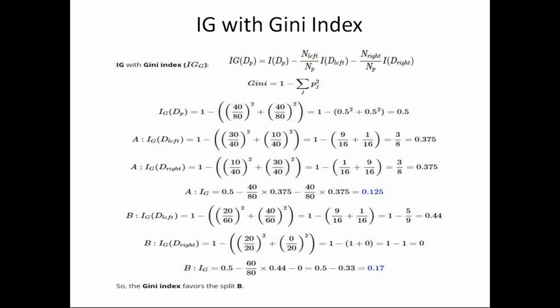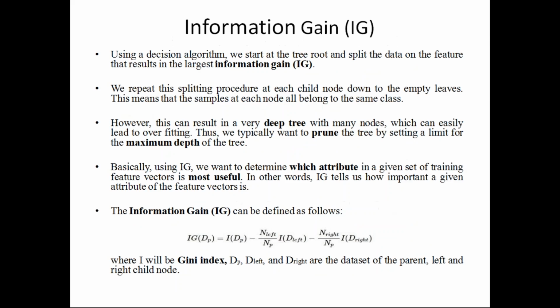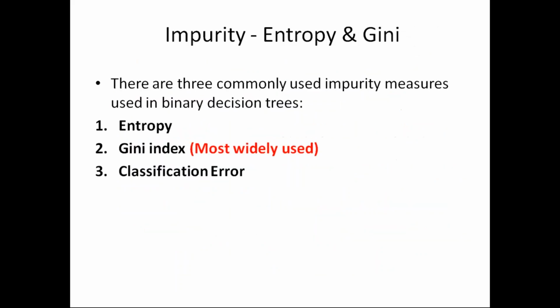Yeah, you want to say something? Ask something. What will this classification error do? Third one, classification error. That is another measure, like entropy and Gini index, which simply tells the error in the splitting.